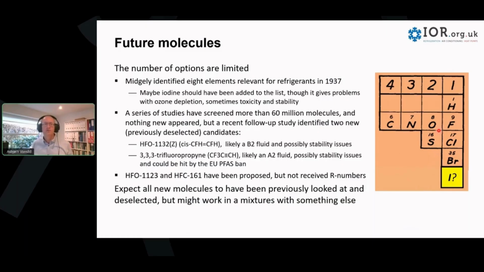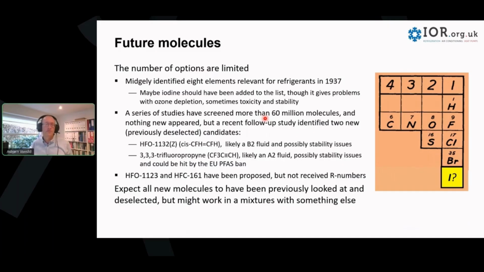Now, I would add today we might consider whether iodine should have been among these. But iodine does give problems with ozone depletion and sometimes also toxicity and stability. There has been a very large series of studies where a research group has screened more than 60 million molecules. And they didn't find anything new. They didn't find anything we didn't know already.